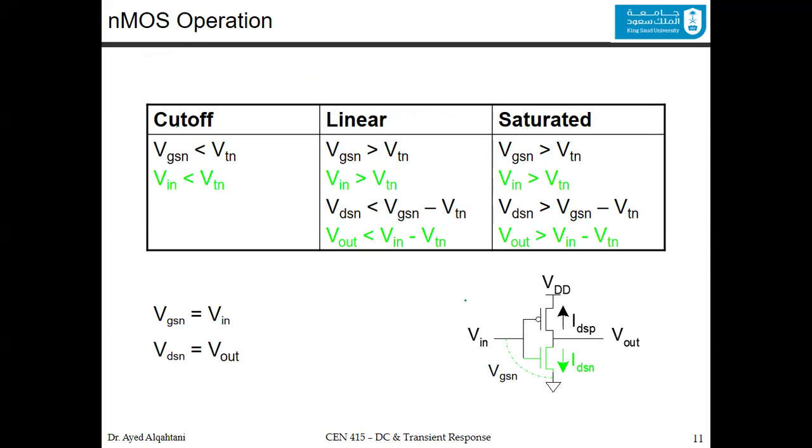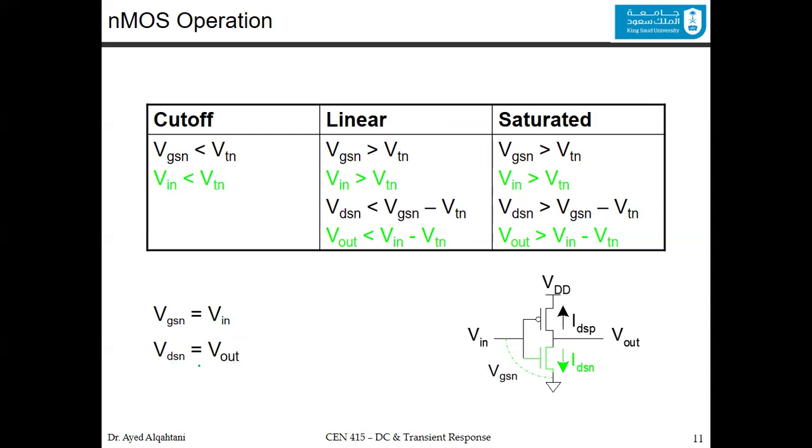Now, what happens in the NMOS operation? Here we have the input voltage and the output voltage. And we know from the inequalities that are written in black that the voltage difference between the input and the ground is the VGSN. So we would say that the VGSN is equal to the voltage difference between the V in minus the ground, which is the 0 value. So since it's 0, it's not written.